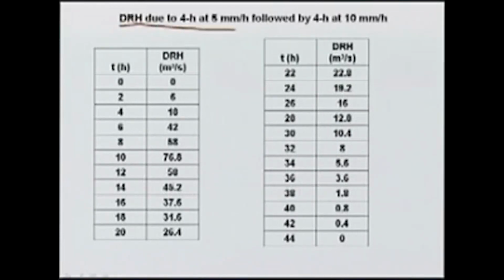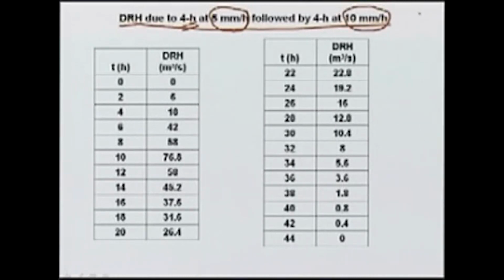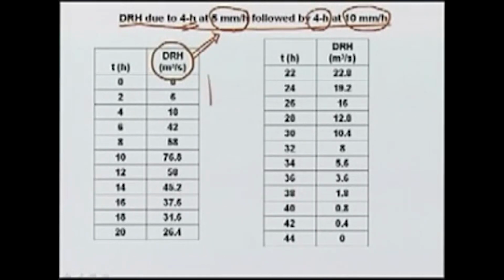Suppose we are given that a rainfall of 5 millimeter per hour occurs for 4 hours, followed by another rainfall of uniform but different intensity, 10 millimeter per hour, again for 4 hours. The problem is that we know the direct runoff hydrograph, DRH, which corresponds to a combination of these two.